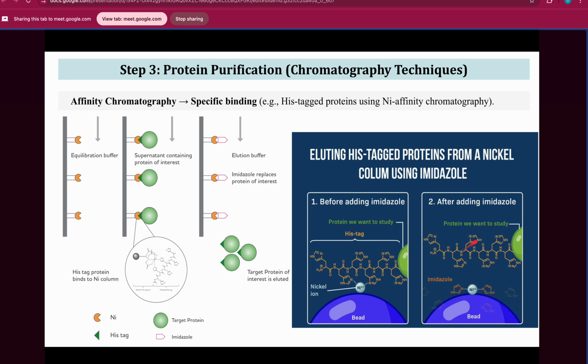So we add the elution buffer, and along with it, the imidazole. Now imidazole will replace the histidine tagged proteins and bind to nickel, and these histidine tagged proteins are free, so they will elute out. This is how we can elute out the protein of interest. We can purify it on the basis of the tag which is applied on it.